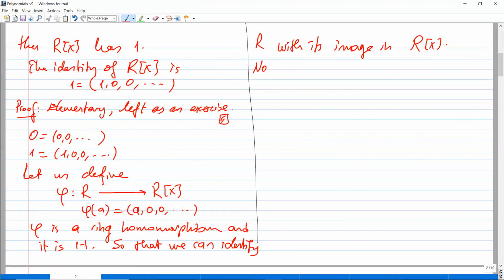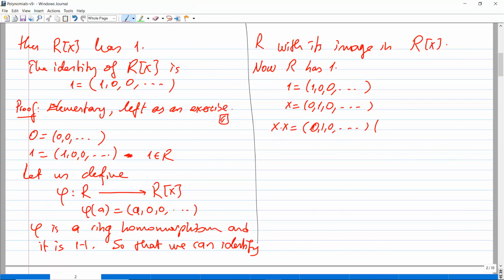So from now on, suppose that R is a ring with identity. R has 1. Then, as above, the identity is 1, 0, 0, 0, etc. Let's denote 0, 1, 0, 0, etc. by x, and let's take x times x, which is 0, 1, 0, etc. times 0, 1, 0, and if you check that, this is 0, 0, 1, 0, 0, etc. In general, we denote this by x squared.